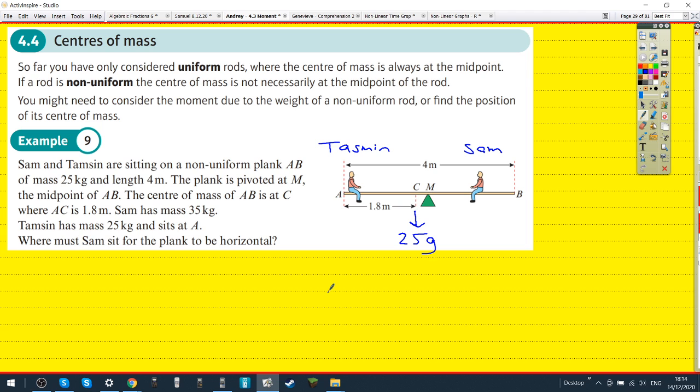So do I need to label Sam for being 35 kilos? Yeah. So Sam, what's the downward force there? 35G. Okay. Tamsin also has 25G. And there's one more force, believe it or not. Any idea what it is?